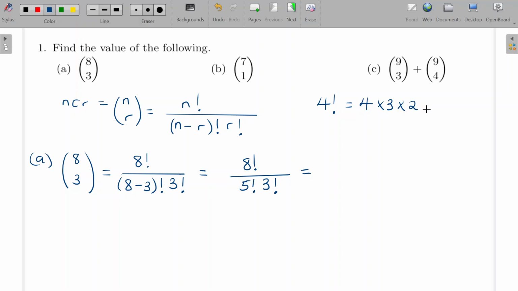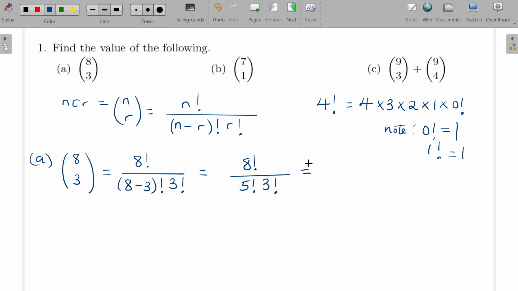So you will be decreasing like that by 1 until you reach 0 factorial. You need to note that 0 factorial is the same as 1, and 1 factorial is the same as 1. These are the things you need to note. So when you reach here, you've noted all those things.